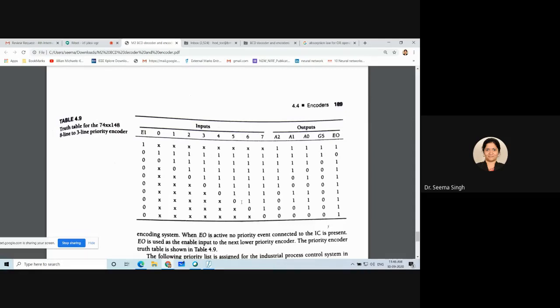We check with any row, and I take this row where 5 is 0. 5 is 0, and at the same time, if any of these 0 to 4 also becomes 0, will it select 5 or will it select these 0 to 4? It will select 5 only, right? Because these are don't care. So this shows that it is giving priority to MSB.